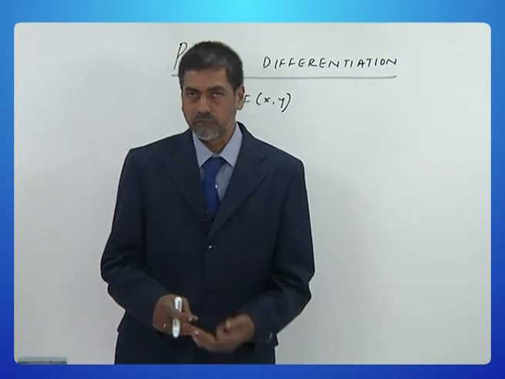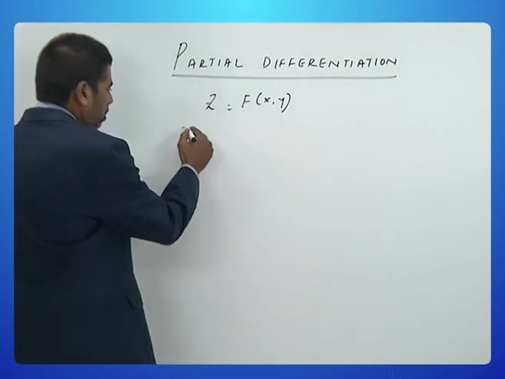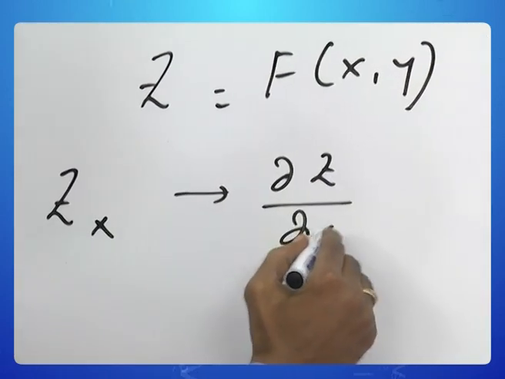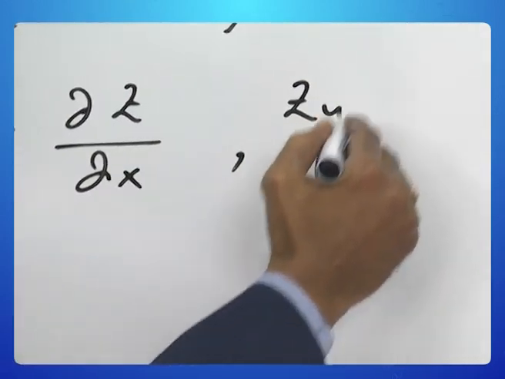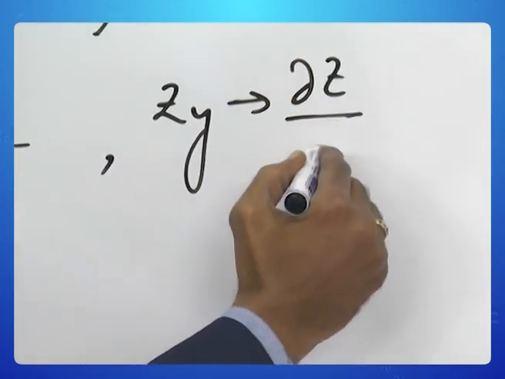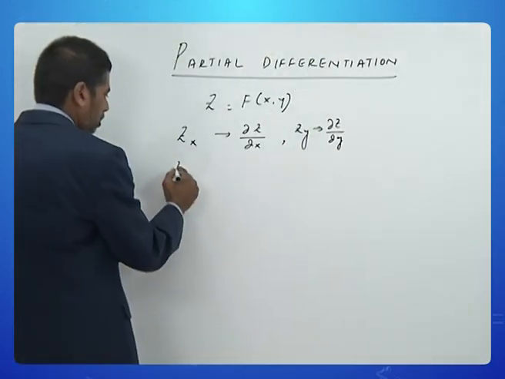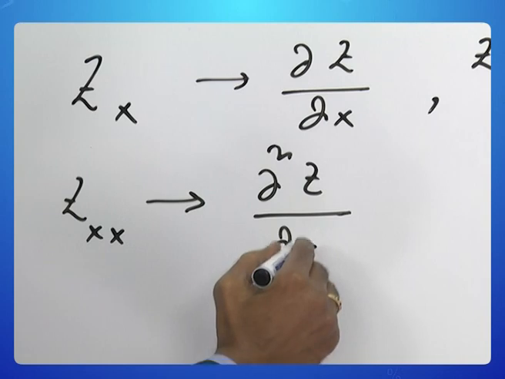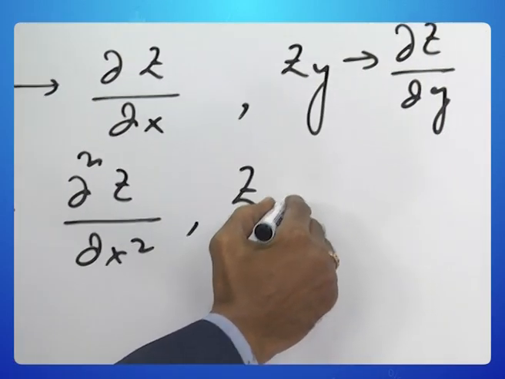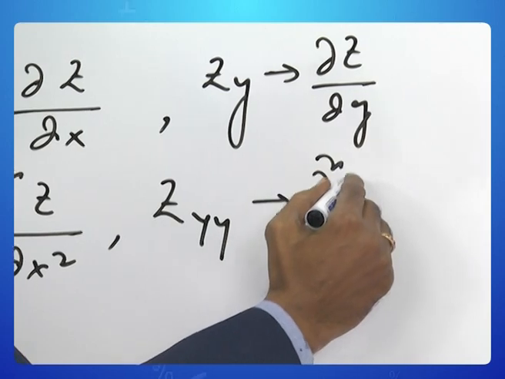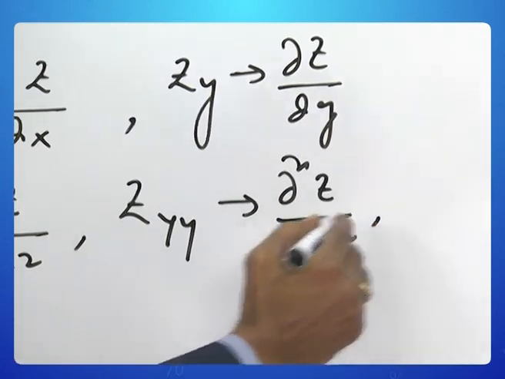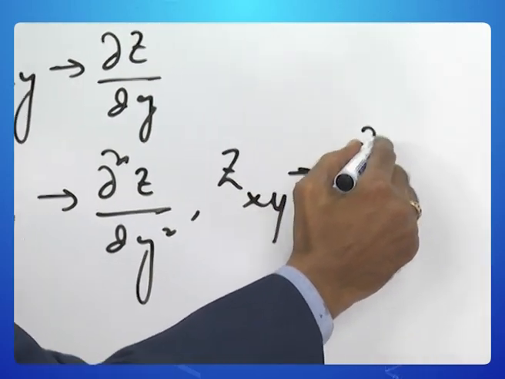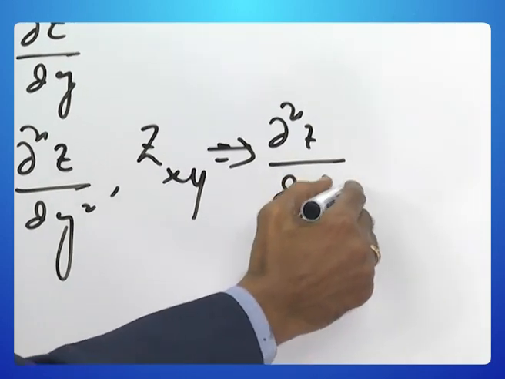Now, what is the notation? Zx stands for dou z by dou x, zy stands for dou z by dou y, zxx stands for dou square z by dou x squared, zyy stands for dou square z by dou y squared, zxy stands for dou square z by dou y dou x.